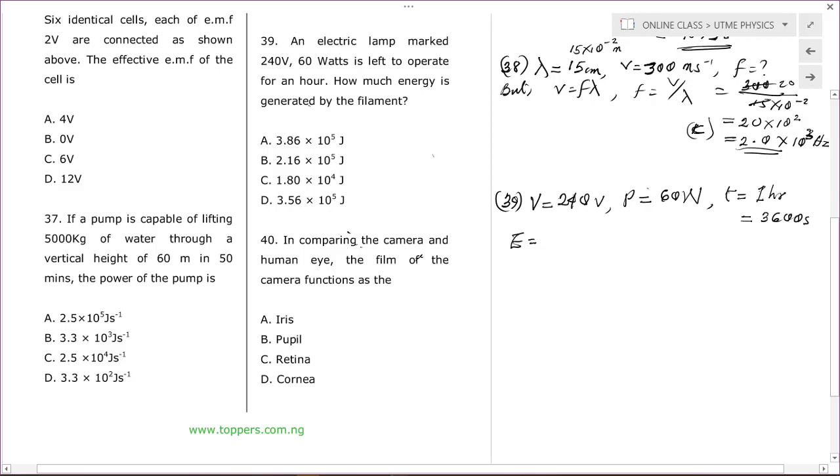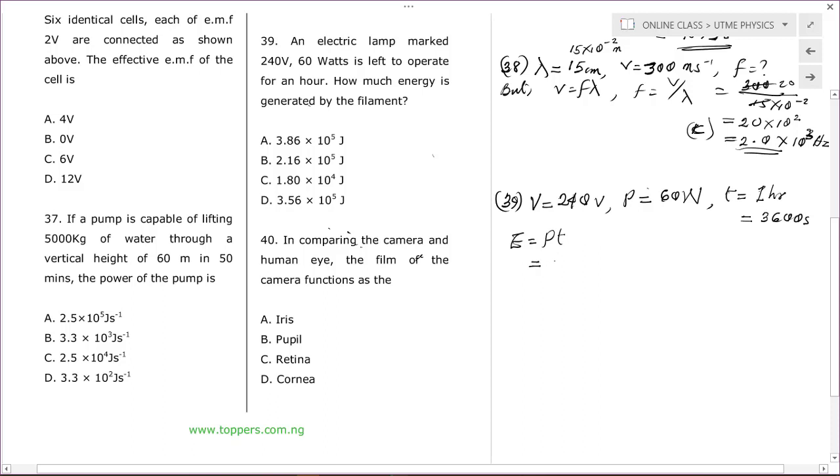Energy here is easy to get. How do we get the energy here? The energy is calculated with the formula IVT, so that's power times time.